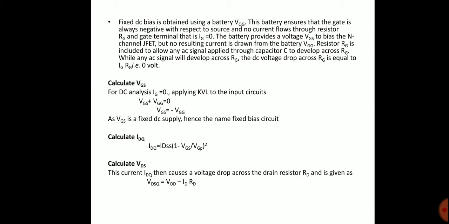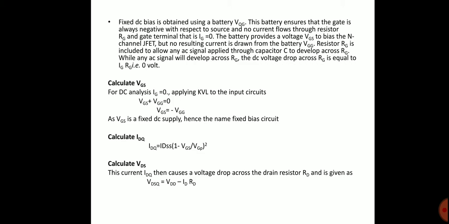The quiescent drain current is equal to the saturated drain current IDSS times (1 minus gate source voltage divided by the pinch off voltage) whole squared. For the drain to source voltage, this current IDQ causes a voltage drop across the drain resistance RD, and VDSQ is equal to VDD minus ID times RD.